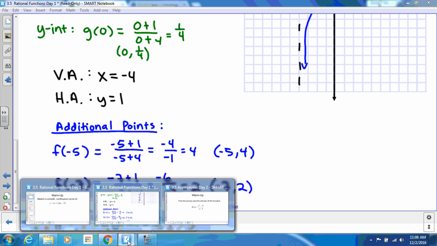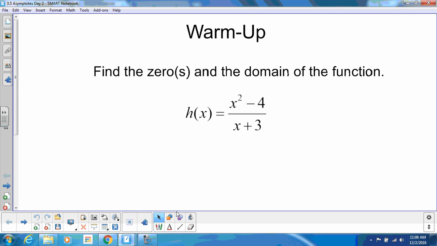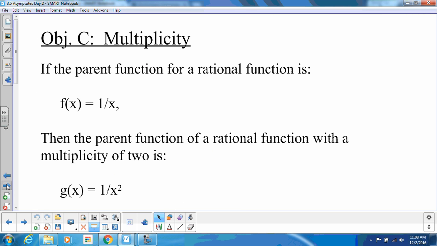Okay, let's talk a little bit about multiplicity. The multiplicity with rationals kind of does the same thing as with polynomials. So if you have f of x, your parent function 1 over x, but then you look at x with a multiplicity of 2 here.